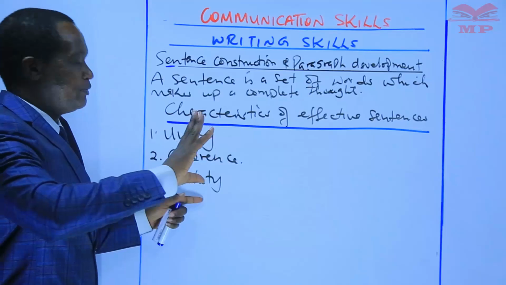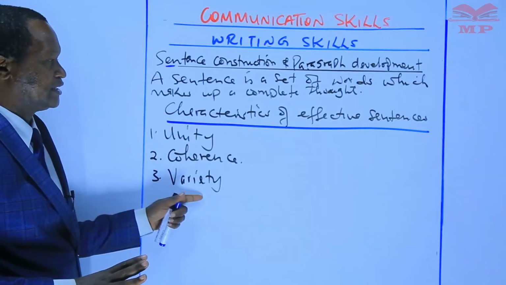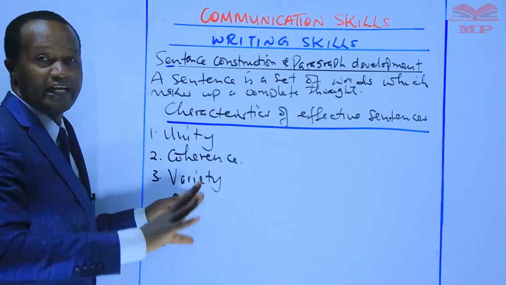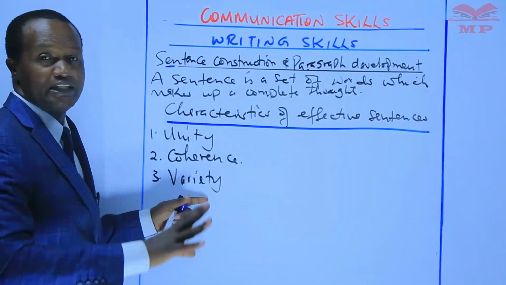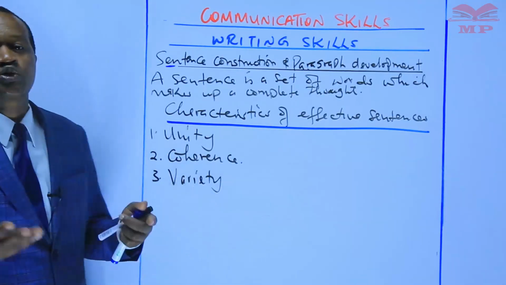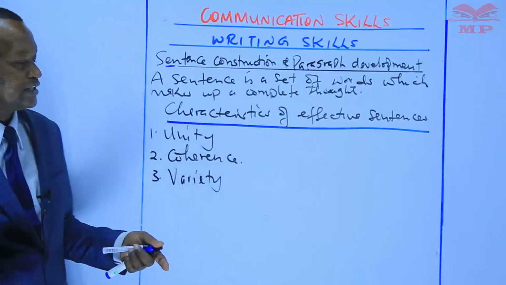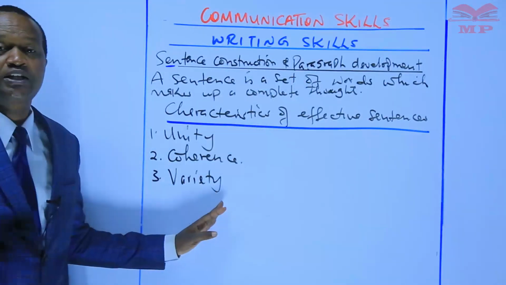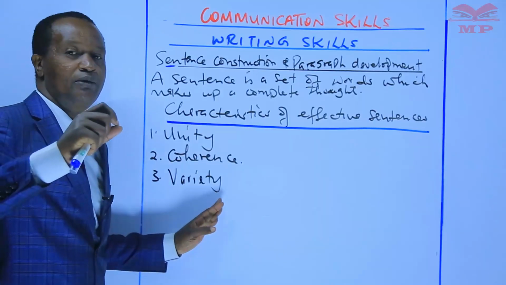So when communicating sentences, there has to be variety of ways in which sentences are constructed. Because if sentences are constructed using the same words, then that may lead to what we call monotony.